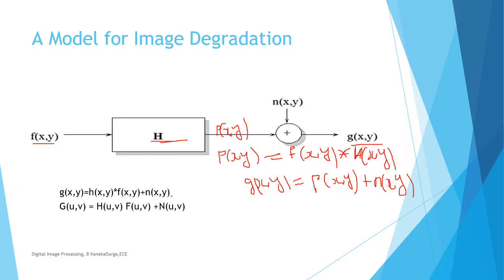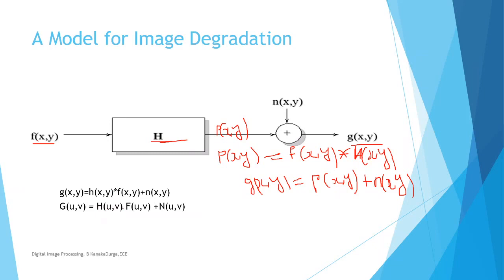If I want to convert into the frequency domain, I have to apply the Fourier transformation on this equation. It can be represented in the frequency domain with x replaced by u and y replaced by v for representation purposes. G of u comma v is equal to, with capital letters for the frequency domain representation, H of u comma v.